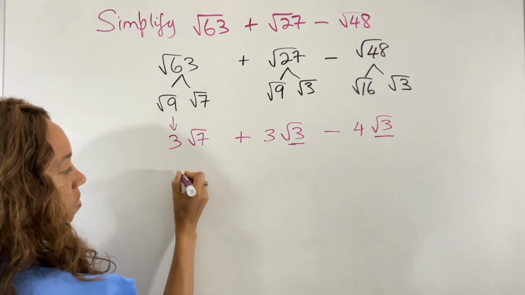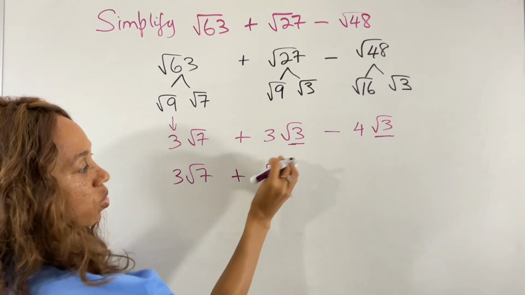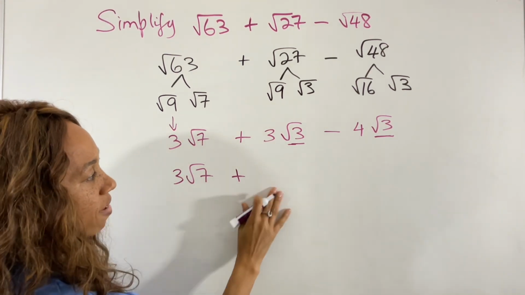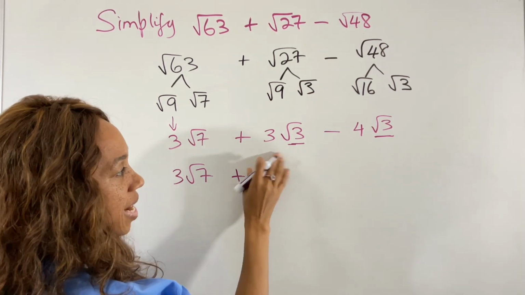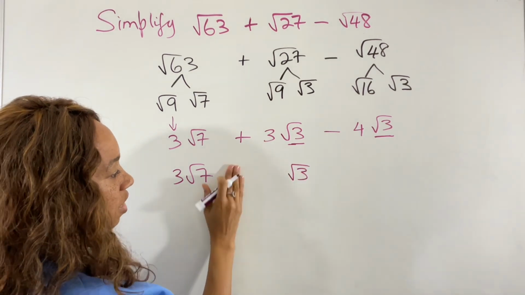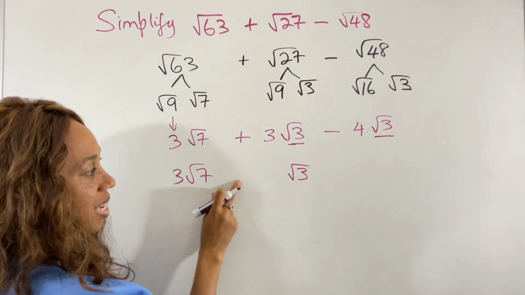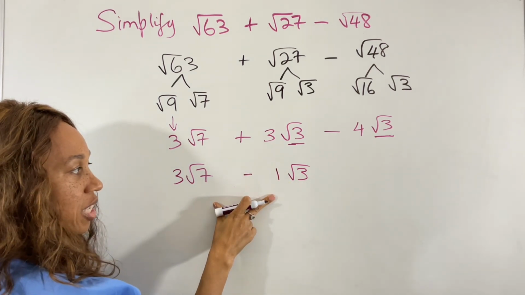So we're going to keep the 3 radical 7 plus, you can do this easily here. You don't even have to take out the radical 3 if you're versed in math. You can go ahead and note that because the radicands are the same, 3 minus 4 is going to be negative 1, so you have to get rid of this plus, and you're going to have minus 1 here, but don't leave this as your answer.